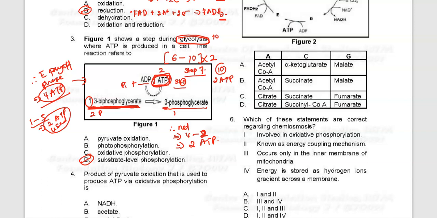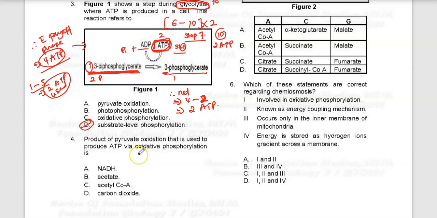Number 4, the product of pyruvate oxidation that is used to produce ATP via oxidative phosphorylation would be NADH. Pyruvate oxidation is the second stage of cellular respiration.